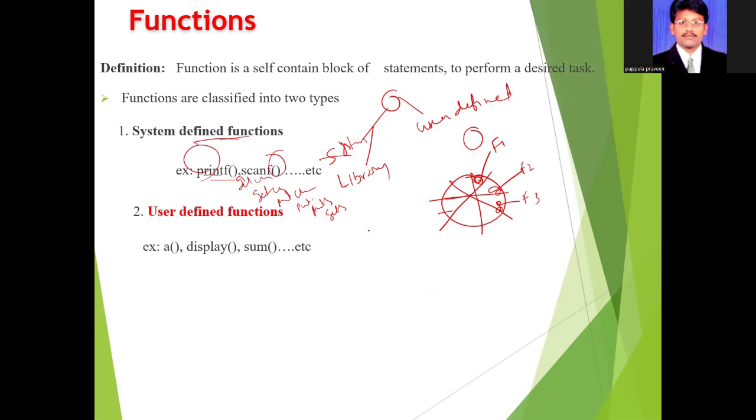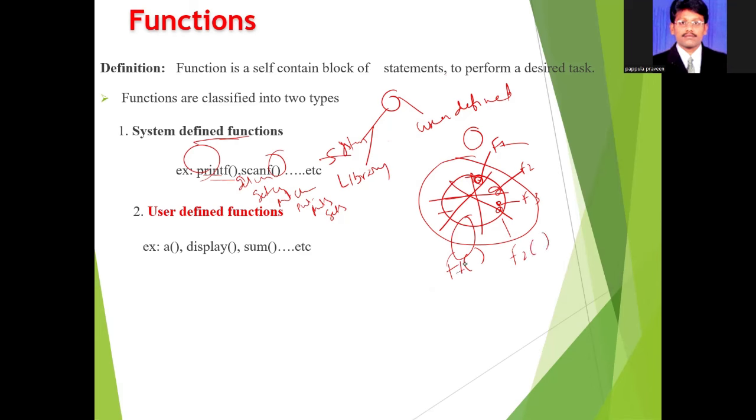And next, as a user, we have to develop our own functions. Now, what is the program here? This program can be divided into modules, function 1 to function n. For each function we have to write the name of the function, like F1, like F2.